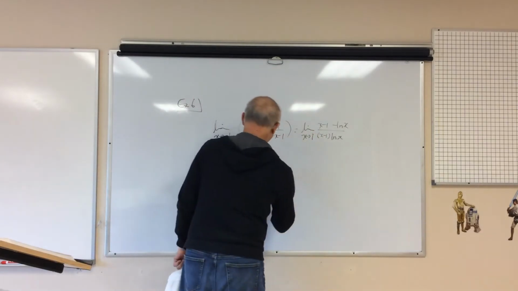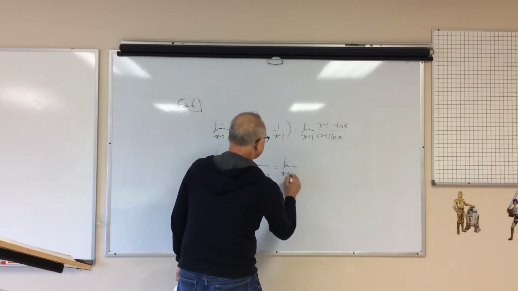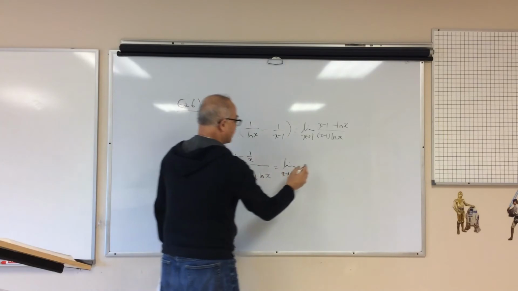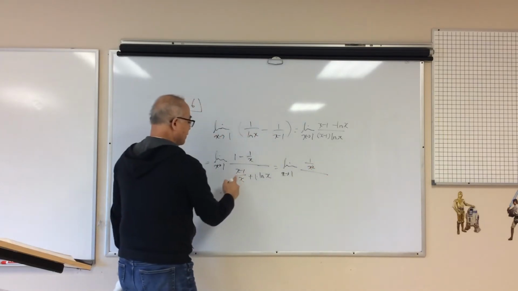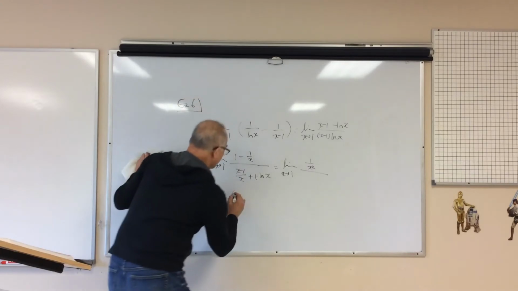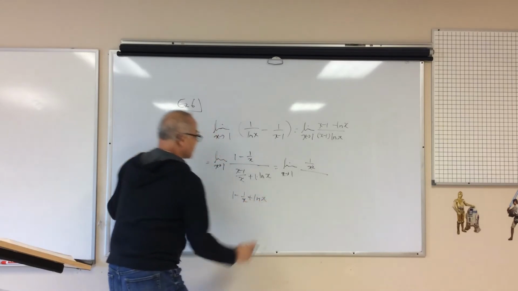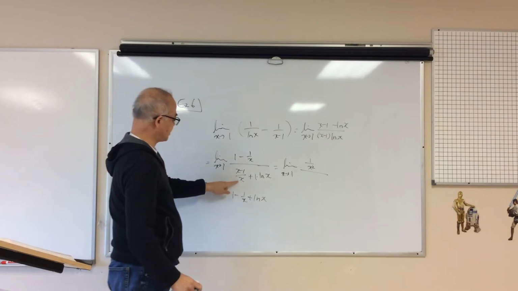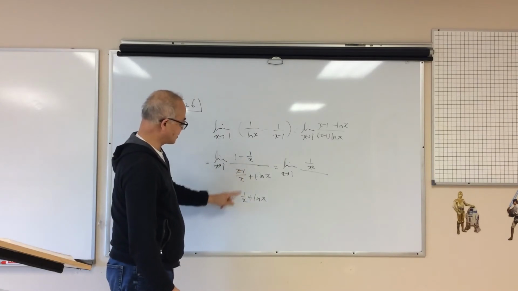So I'm going to take the derivative of top and bottom. Limit as x approaches 1, I get 1 over x squared on top. On the bottom, I'm going to change this to 1 minus 1 over x plus natural log of x, right? I can do that because this is 1 over x, this is 1, and this is negative 1 over x.